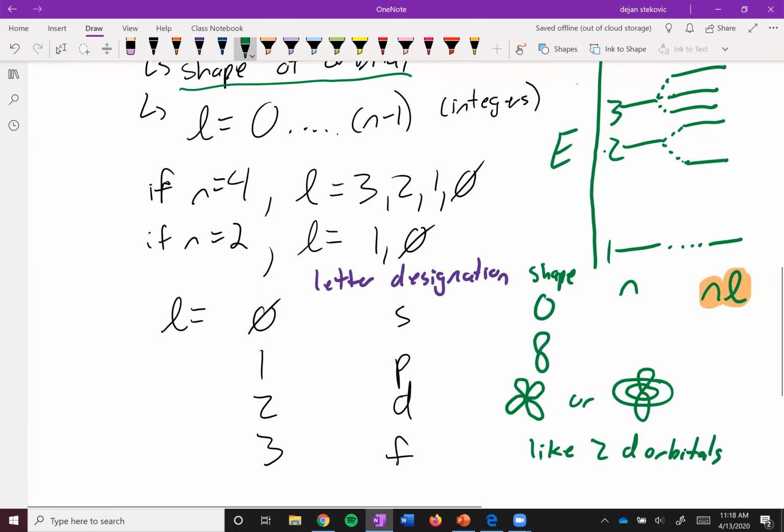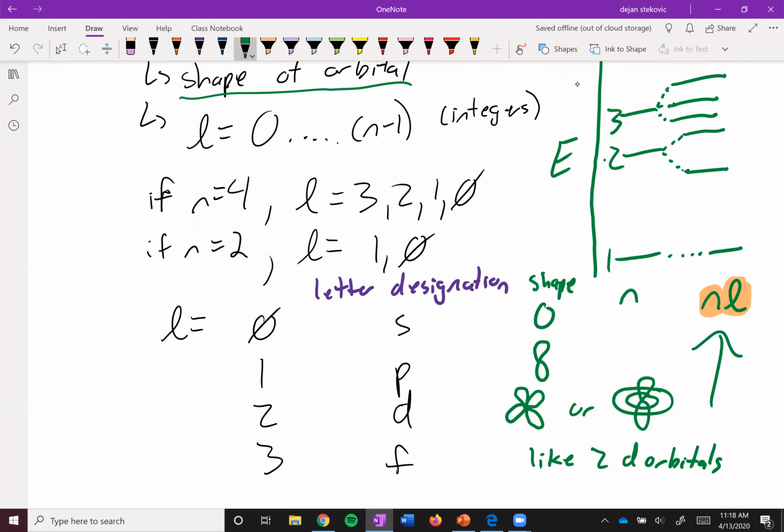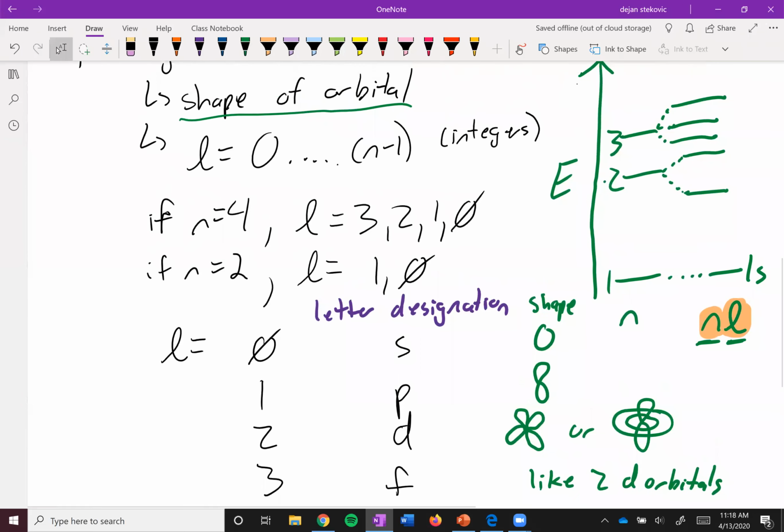If we come back to this picture over here, we can designate these as n followed by L, and for L we're going to use the letter designation. So this would be a 1s orbital, where n is equal to 1 and L is equal to 0. That's the only value L can have there. When we go up to n equals 2, L can equal 0 or 1. So this would be a 2s because you're in n equals 2, and here L is 0, so we get s.